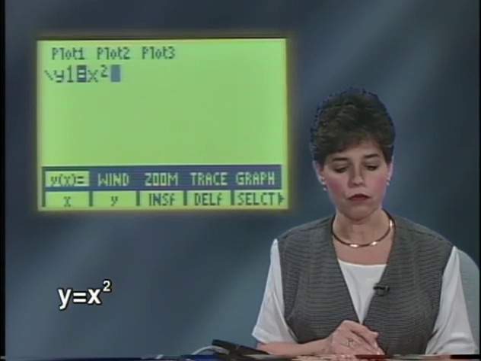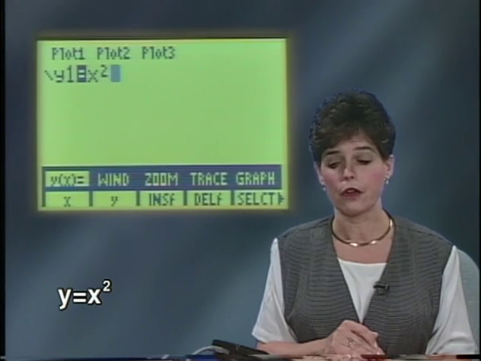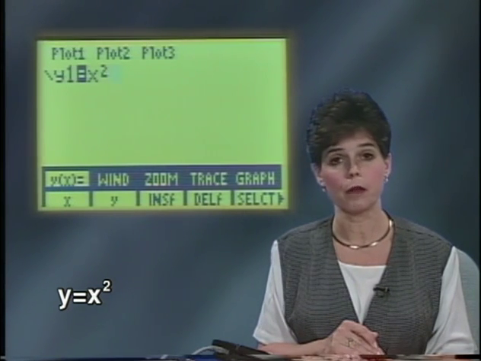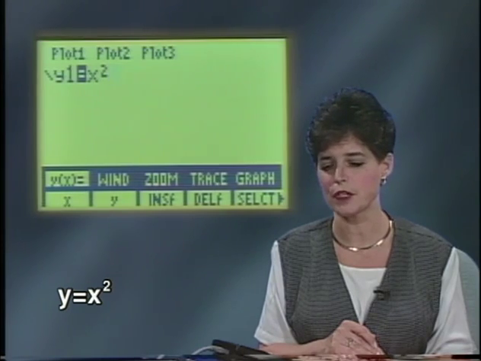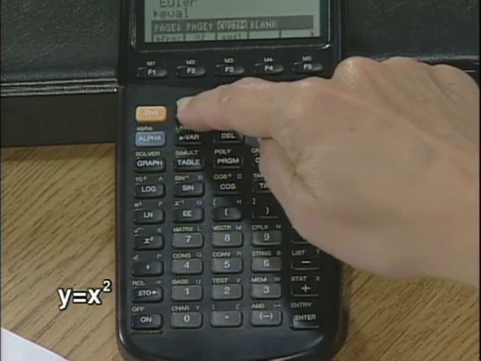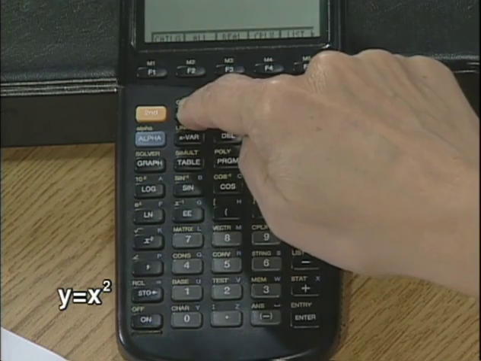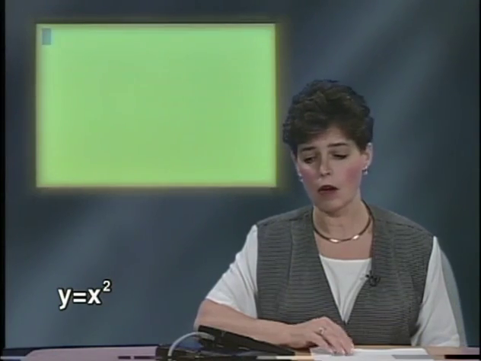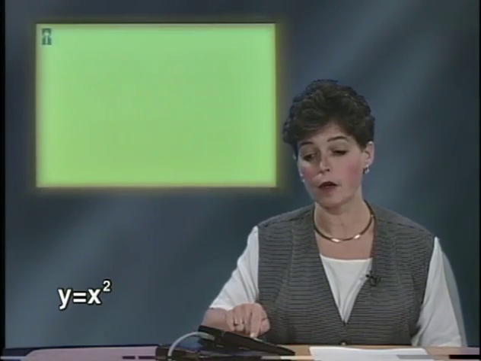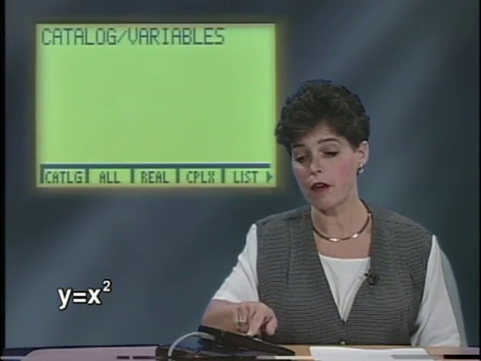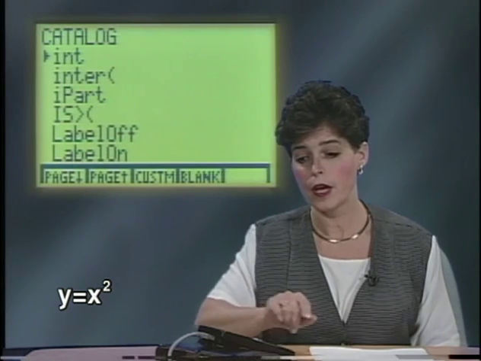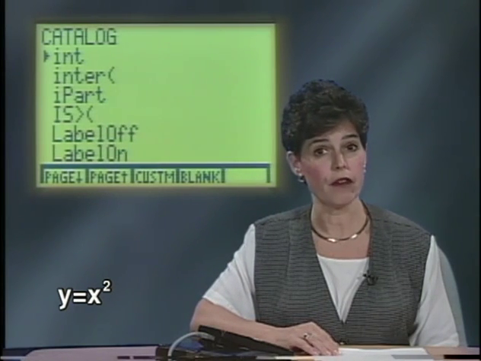I am going to first of all do eval. So that is something that I'm going to put into my custom menu. We've already put in a couple of things. I'm going to put one more thing into my custom menu. So let's exit out of this screen. Now let's go to our catalog with second, and then press the custom key because it says catalog right above that. Press F1 for catalog, and I would like to find eval.